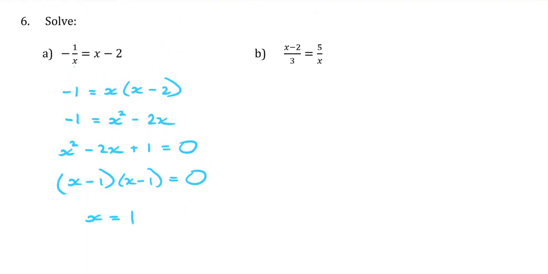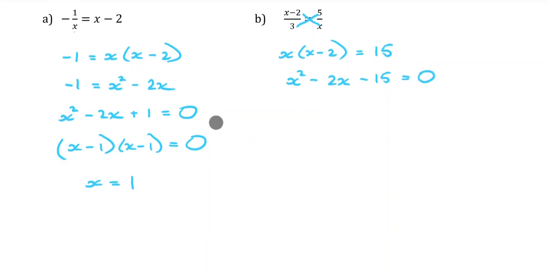For part B, because I have a fraction on both sides of my equation, I'm going to cross multiply. So the x is going to times with the x minus 2, so I'll need brackets for that, and the 3 times with the 5 to get 15. Then I expand to get x squared minus 2x and move the 15 over to be -15 equals 0.